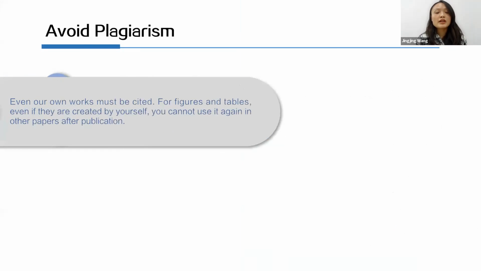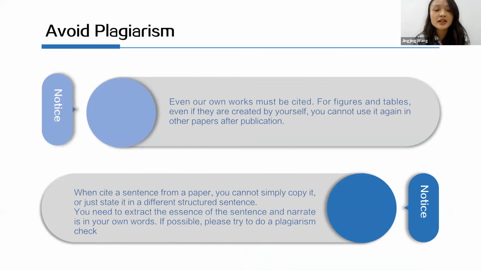As we are talking about references, I will briefly introduce some not-to-dos in terms of plagiarism. We all know that plagiarism is about publication ethics and it is prohibited. So we have to cite references in our research.